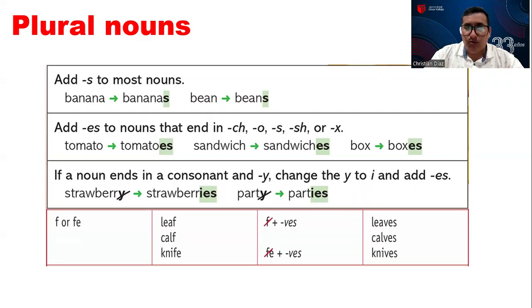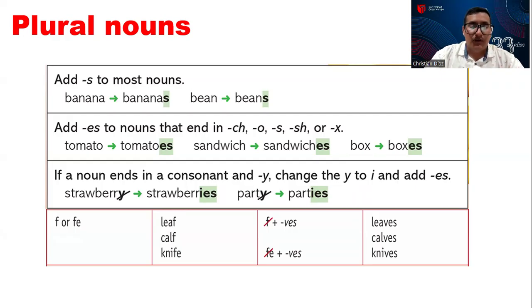Some nouns ending in y have a special rule too. We have to be careful: if there is a consonant before the y, we replace y with ies. Strawberry, strawberries. Party, parties.